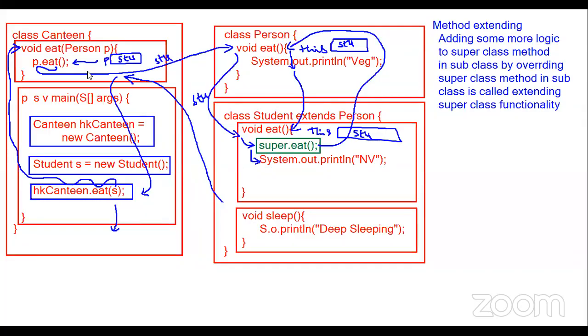Yes or no? The user class will become tightly coupled. This canteen and eat can now work only with student, and cannot shift to another.